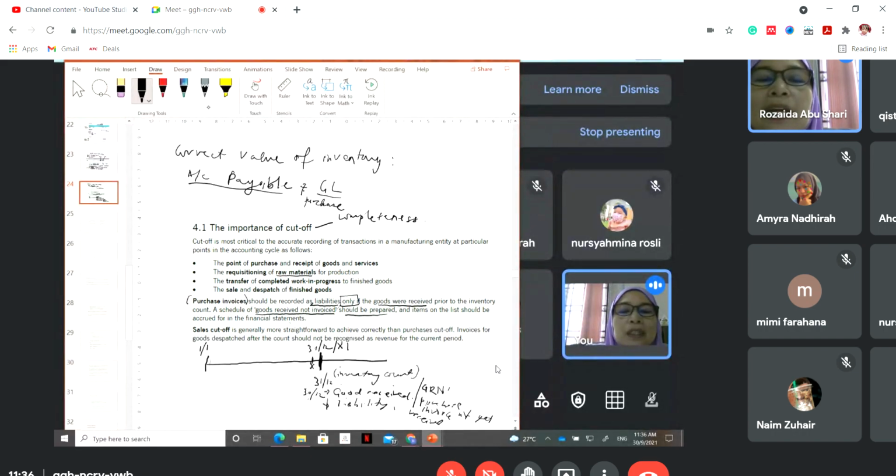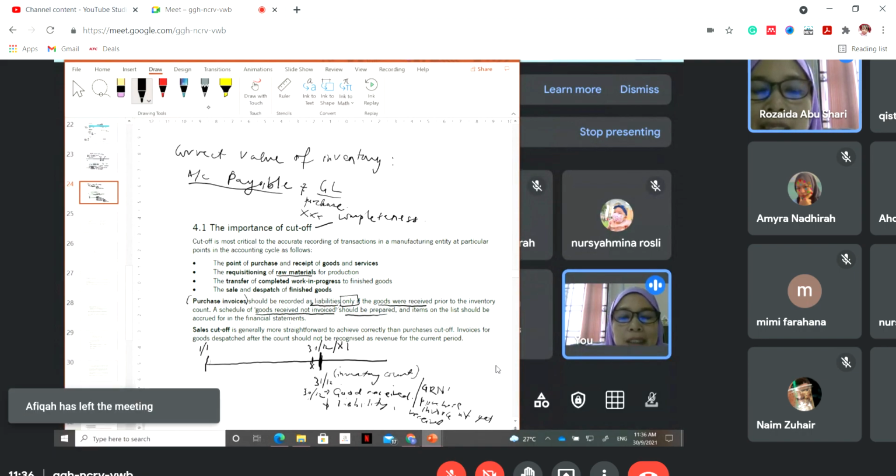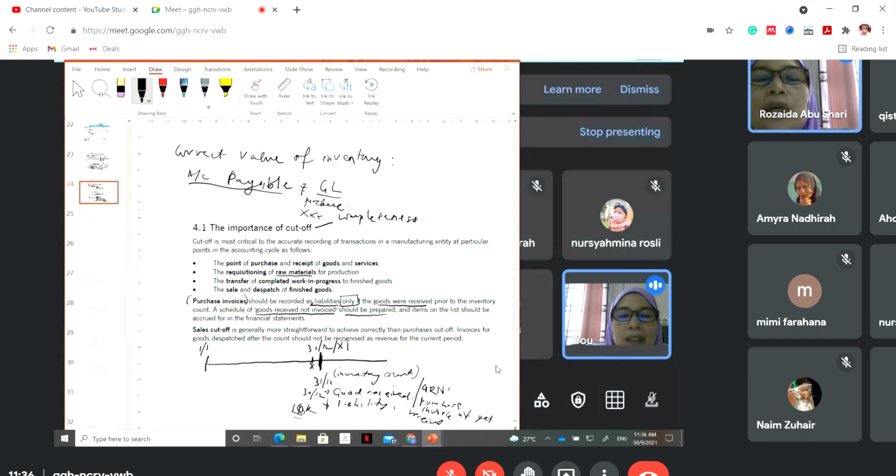So maksudnya dalam purchase dia mesti masukkan amount ni. Katalah on 31st December the value of goods received is 10,000. So adakah 10,000 ni is already recorded in accounts payable, katalah 10,000 credit, and in the general ledger debit purchase 10,000.